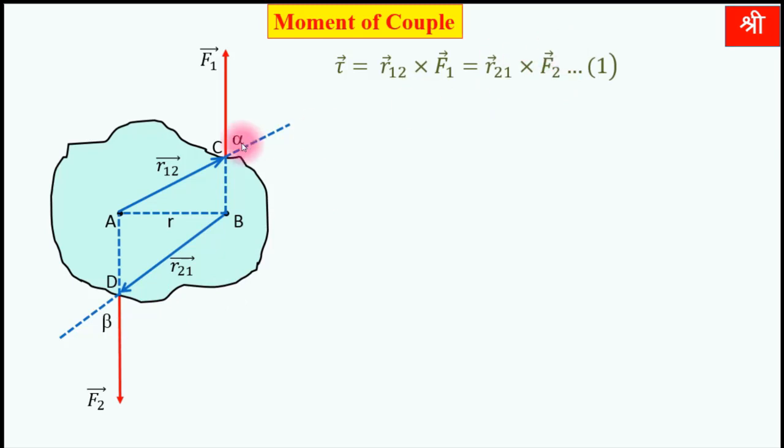They are equal because here you will see their directions, their magnitudes of F1 and F2 are the same, their directions are opposite, but both try to rotate the body in an anti-clockwise direction, and we know anti-clockwise moment of force is taken as positive.